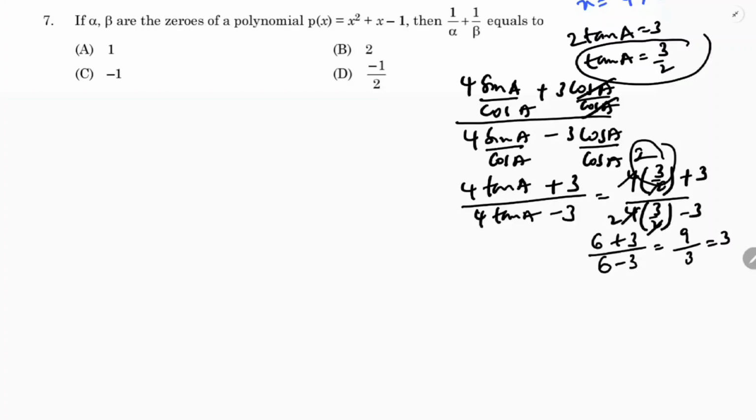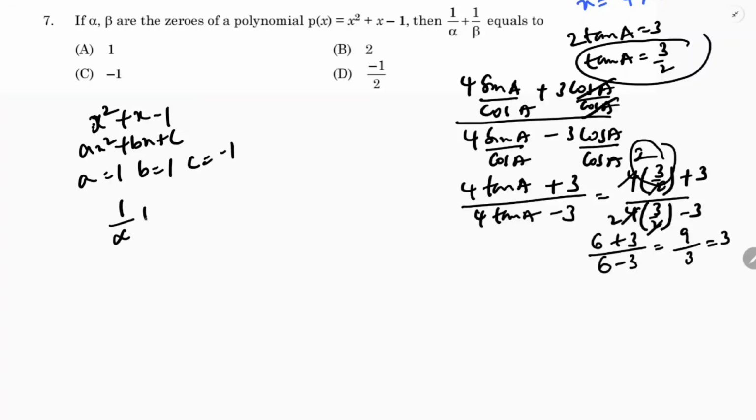Next question. Alpha and beta are the zeros. Here the equation is x square plus x minus 1. If you compare with the standard one, ax square plus bx plus c, a is 1, b is 1, c is minus 1. I need to find 1 by alpha plus 1 by beta. LCM is alpha beta, so beta plus alpha, or you can write alpha plus beta by alpha beta.